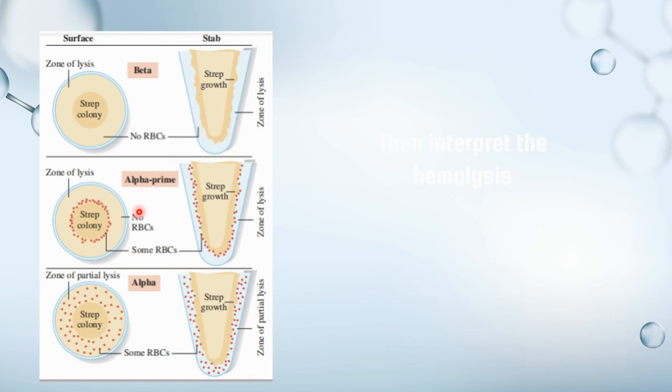For alpha prime, it looks like a fish eye: you have your colony, then a thin layer of RBCs, and then complete lysis in the outer layer. And for alpha, it is only partial hemolysis, so there is still a little bit left.